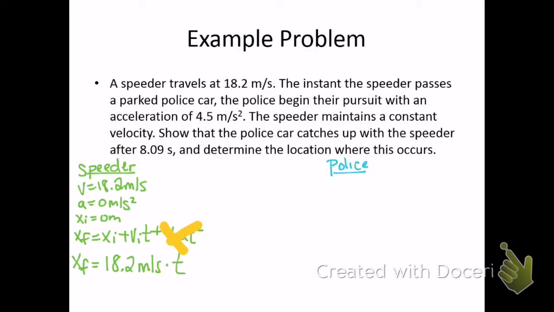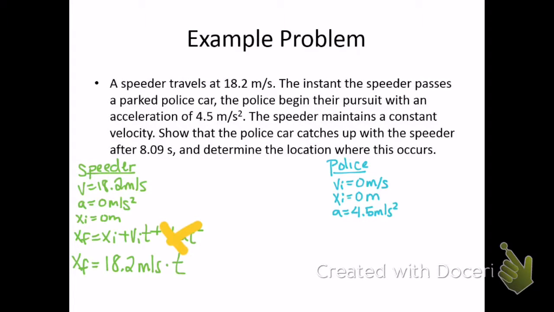He's initially parked, so my initial velocity here is going to be 0. We also established the fact that they will have the same initial position of 0 meters. We also have the fact that his acceleration is 4.5 meters per second squared.